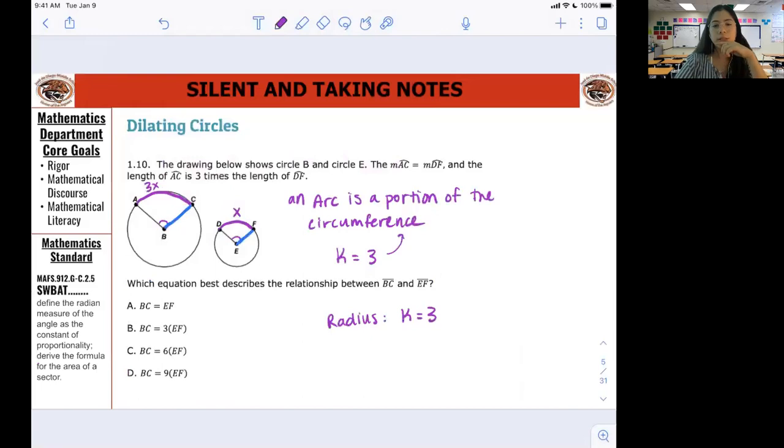Hold on. Which thing is different? So circumference and radius get the same scale factor. In which situation would the scale factor be different?